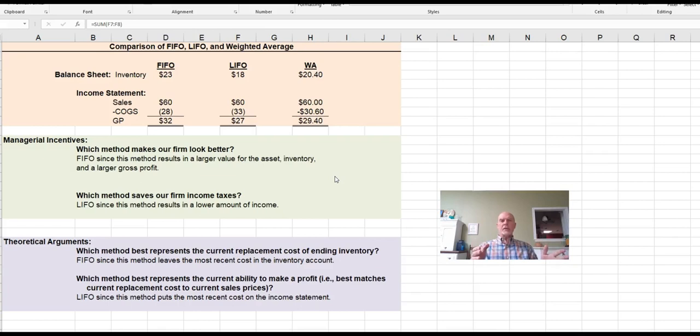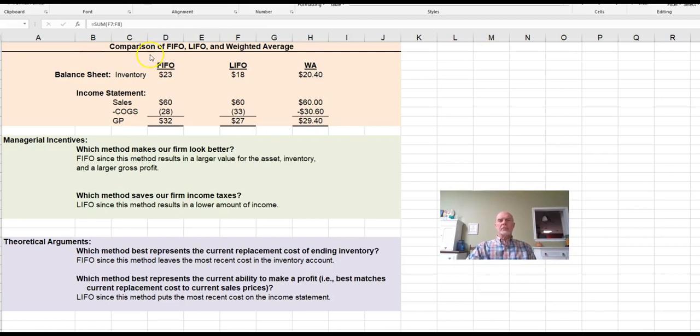You tell everybody which method you're picking, and then you stay with it. It doesn't mean you can't ever change, but if you do change, you got to make sure everybody understands. It's just kind of complicated. But also, since there's arguments in favor of both, there's also a compromise approach, which is called the weighted average method. And we'll look at that here in just a minute.